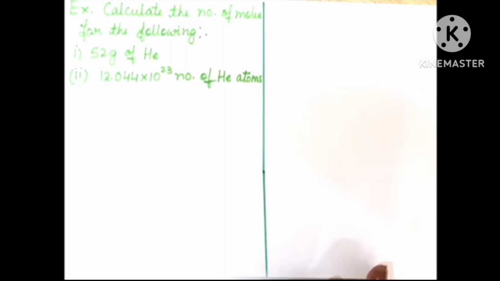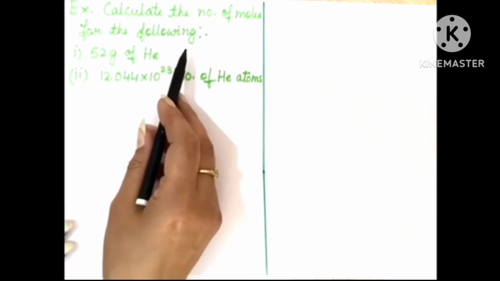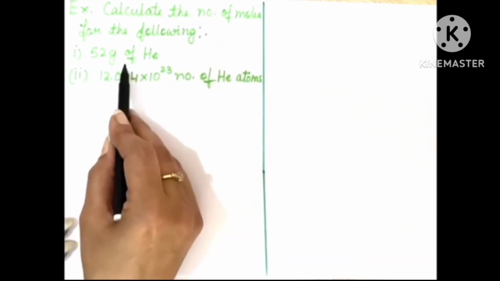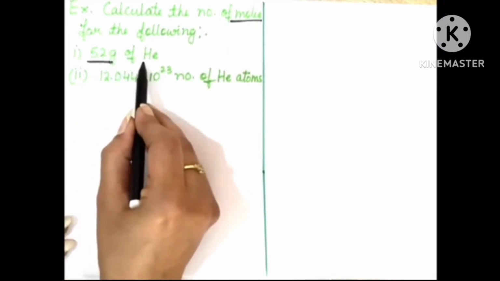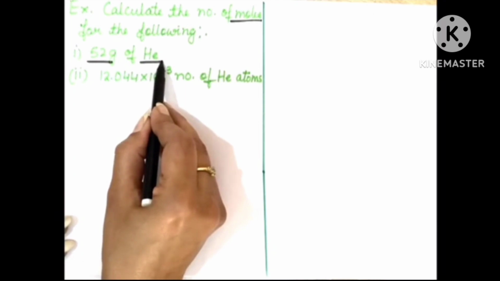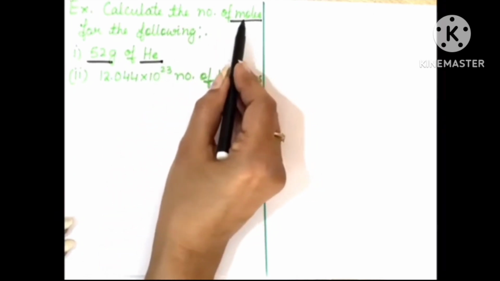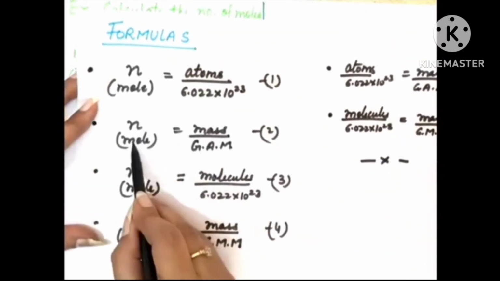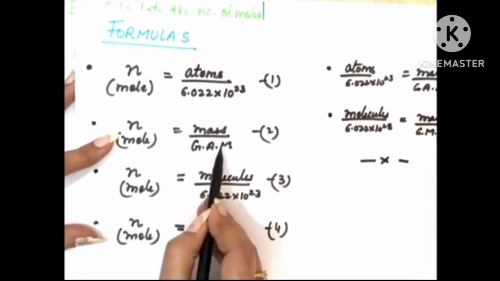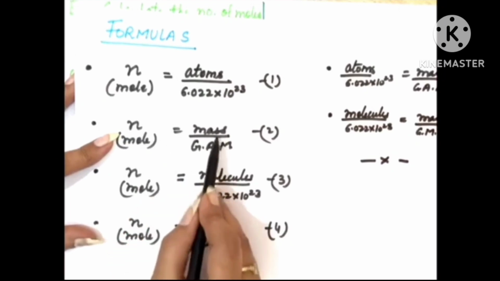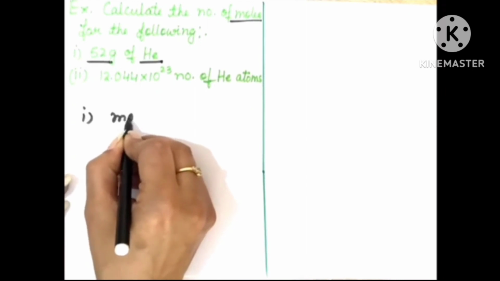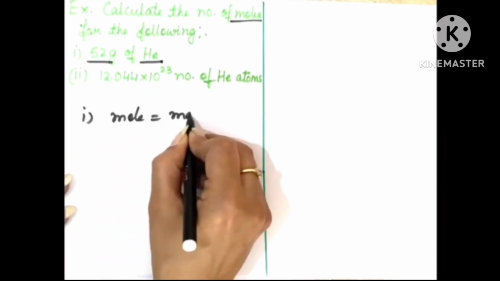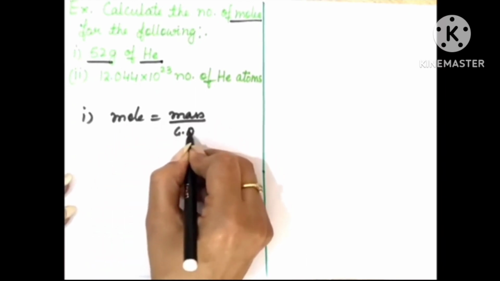First question is, calculate the number of moles for the following. Now see, moles we have to find out and mass is given, and this is an element. So we have to use the formula of element where we have moles and mass. This is the formula for element, mole and mass. I am using mole equal to mass upon gram atomic mass.